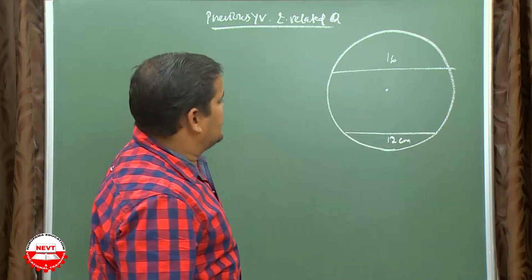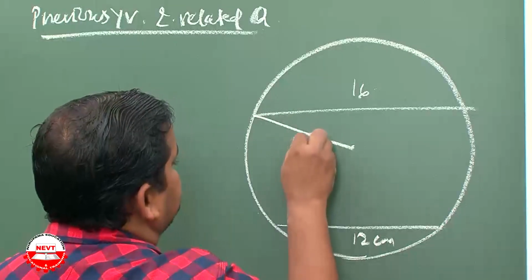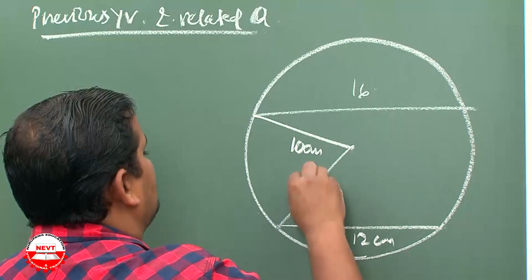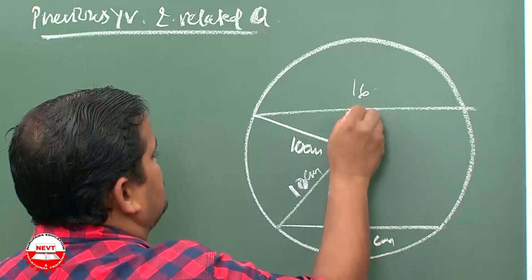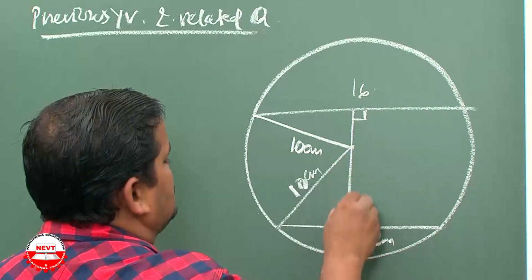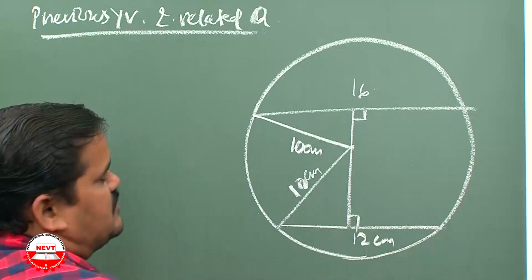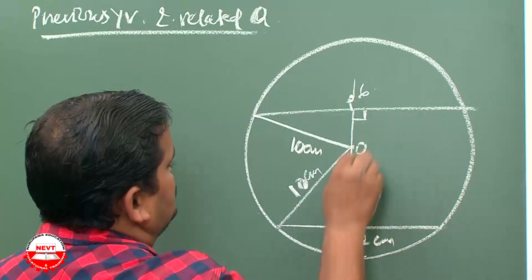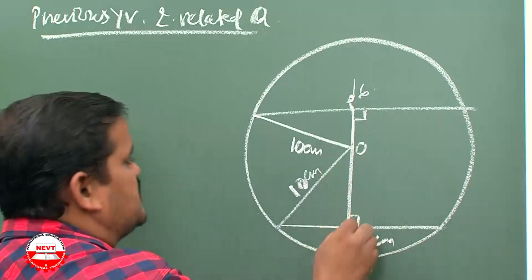If the radius of the circle is 10 centimeter, then find the distance between both chords. Just draw the perpendicular from here. Let's say this is P, this is Q, this is O. You can easily find the length of PQ.